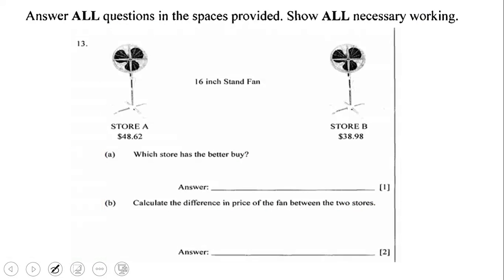All right, now that you have attempted to answer this question on your own, let us consider it together. Notice that each store sells the 16-inch stand fan, but each store has a different price on it.